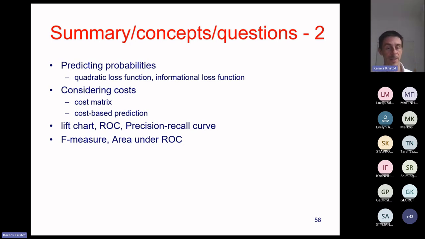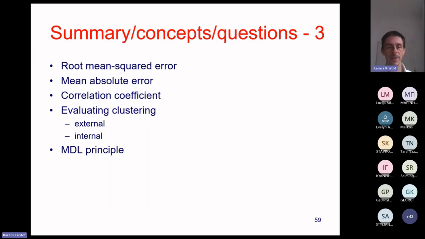And then more advanced graphical or curve-based measures were mentioned, including the ROC and the precision recall curve, and other types of combinations like the F measure and the area under the ROC curve. And finally, in terms of error measures for numerical predictions, we quickly overviewed the mean squared error, the root mean square, mean absolute error, and talked about correlation being a possible evaluation metric between the predicted value and the ground truth value.